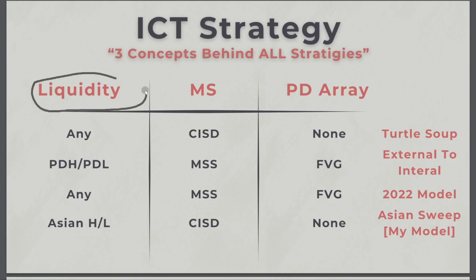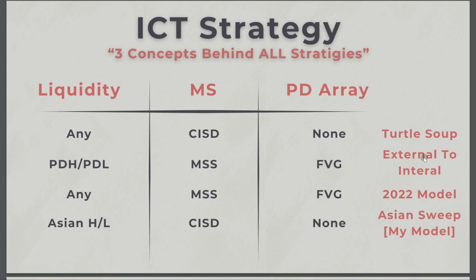So when talking about liquidity, previous day low, then for the market structure, what are we looking for exactly that's going to give us an indication that the market is switching direction, or that, okay, we're actually flipping now? It's a market structure shift. So we're looking for a market structure shift in order to have an indication that, okay, we might be going internal now. And what PD array we're using, you could use fair value gap. So that's what the external to internal setup is.